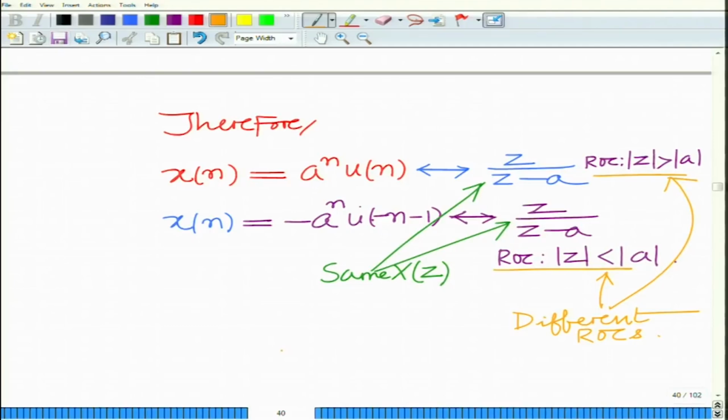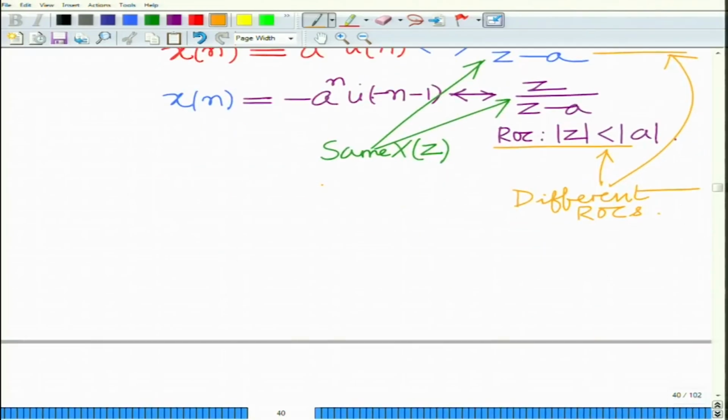Different regions of convergence imply that to uniquely or fully specify the signal, one has to also specify the region of convergence, otherwise the Z transform is incomplete, similar to the Laplace transform. All right.